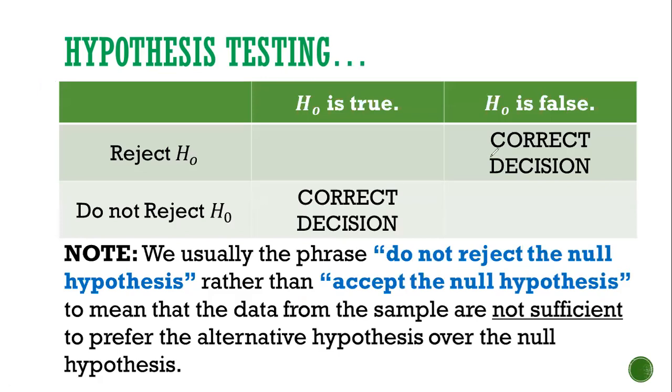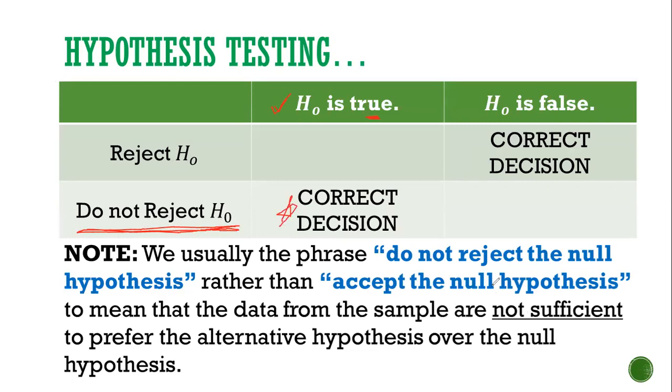Alright. So dito, focus tayo. HO yung tinetest natin, di ba? So we are going to test if your H naught is true or false. If your H naught is true, what should you do? You must not reject it. Do not reject it. True kasi.